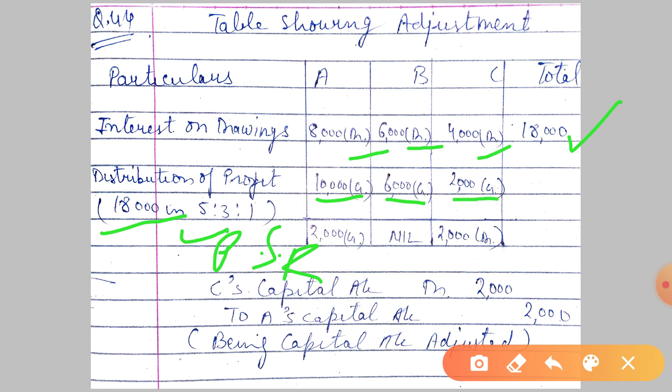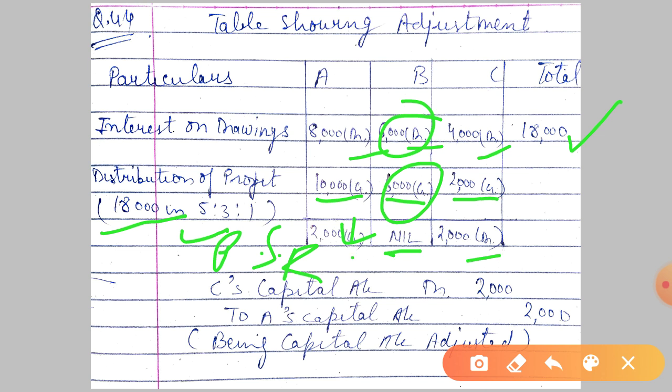Now debit on one side, credit on one side. Which is greater? In A's case, 2,000 credit. Then in B's case debit and credit are the same, so there will be no amount, it will be nullified. And in case of C, 4,000 debited and 2,000 credited, so 2,000 debited.